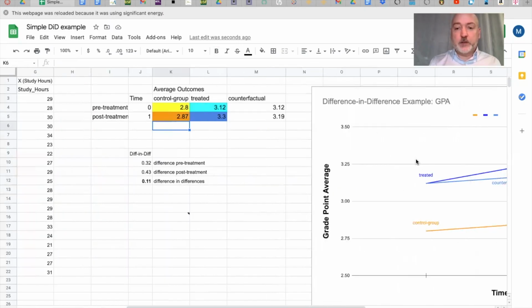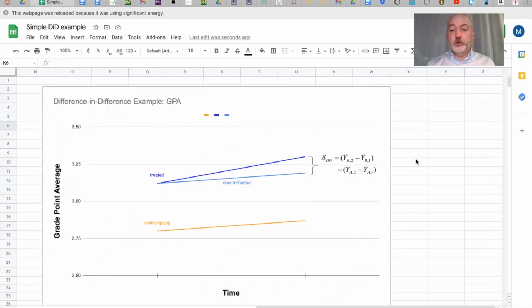The last piece of the puzzle here, we have the little visual. Obviously, I just constructed this in Sheets using a simple line graph, but it gets the point across. The same idea that we saw in the generic slide actually turns out exactly the same: our control group started at a lower point and grew at a slower path.